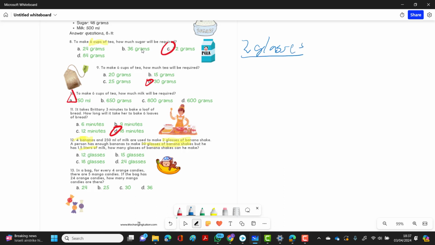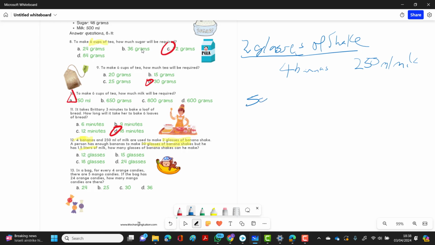So for 2 glasses, you have 4 bananas and 250 milliliters of milk. A person has enough bananas to make 50 glasses.